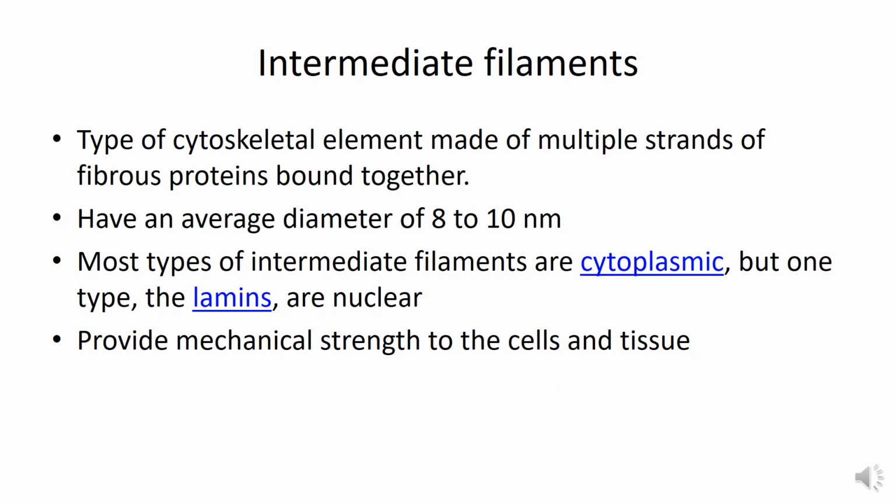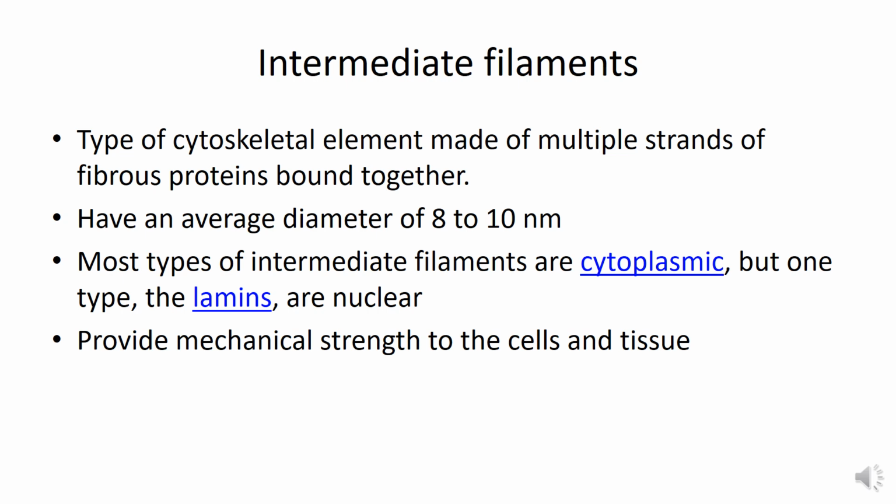So the intermediate filaments are the types of cytoskeletal element made up of multiple strands of fibrous proteins bound together. They have an average diameter of about 8 to 10 nanometers, that is intermediate between the microtubules and the microfilaments.